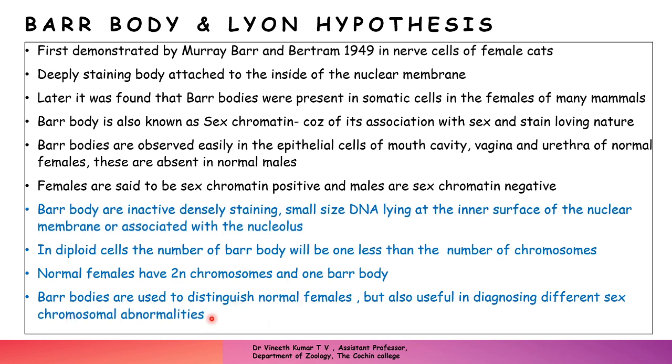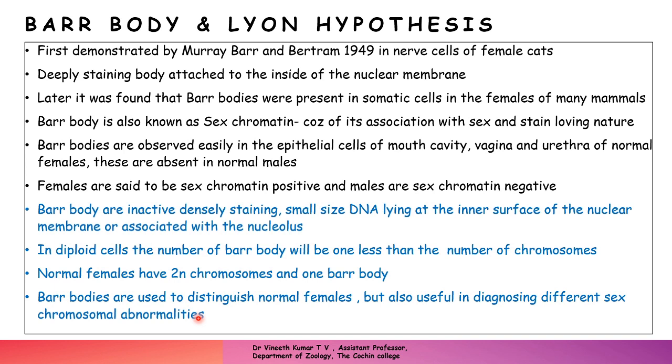Bar bodies are used to distinguish between normal females and males, and are also useful in diagnosing different abnormalities. If you have more bar bodies, that can also be identified. Take males with a syndrome called XXY. I'm talking about humans: if an individual is XXY, he will be male because of the presence of the Y chromosome, as we discussed in the last session.